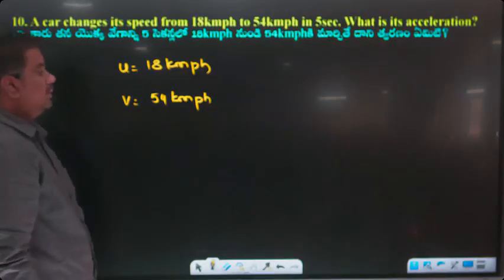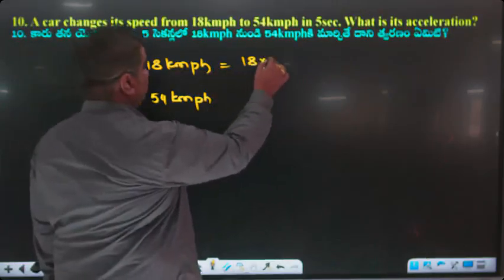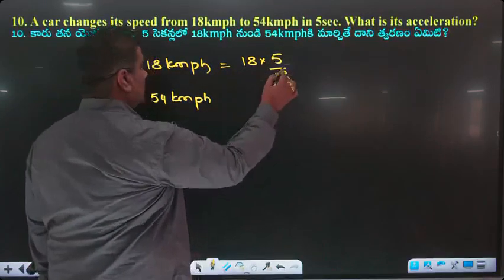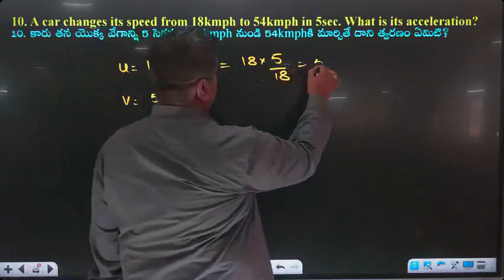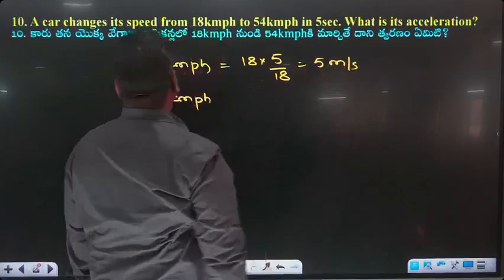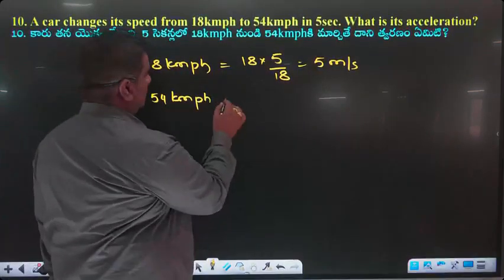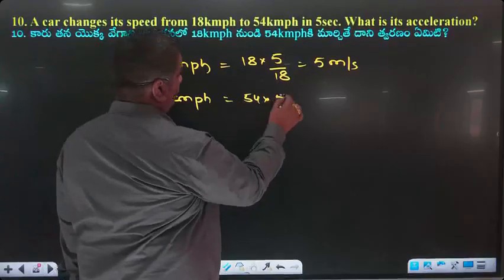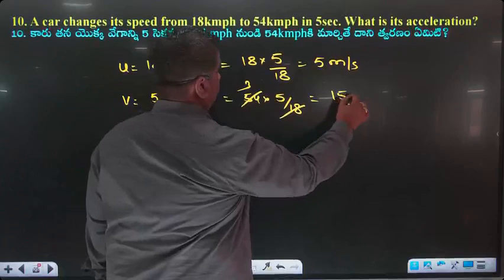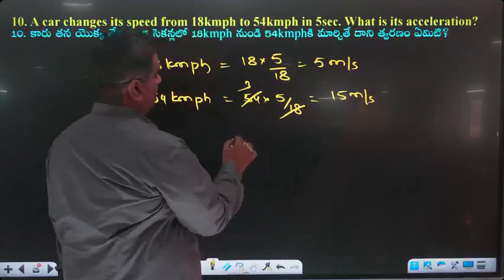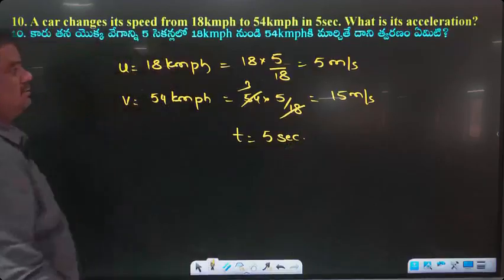Whenever it is given in kilometers per hour, convert it into meters per second. So 18 into 5 by 18 equals 5 meters per second. Similarly, 54 into 5 by 18 is 15 meters per second.